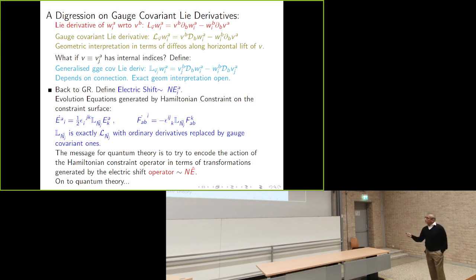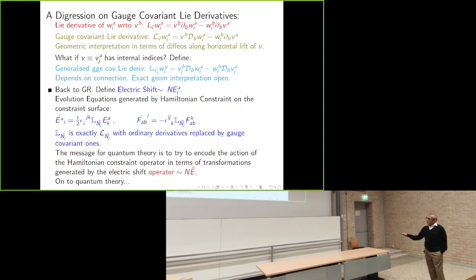So now let me, after this brief digression, go back to general relativity. From the electric field data and the lapse, I can define, up to some other factors which I'm not going to get into, something which I call the electric shift.